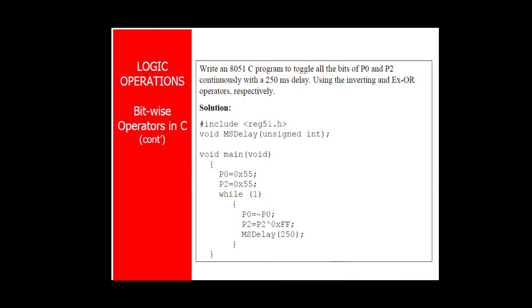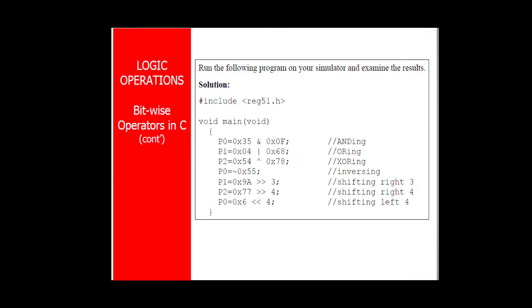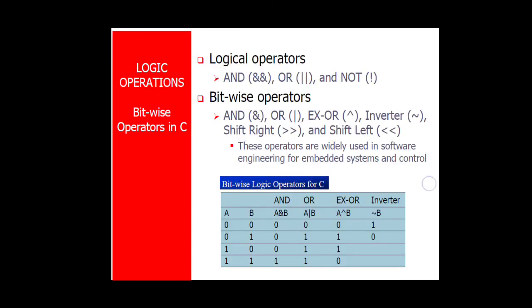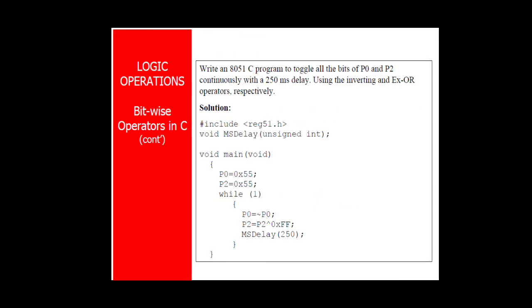Here initially P0 equal to 55H and P2 is also 55H. We have to toggle these two ports using the inverting. So P0 is equal to negation of P0 and P2 is equal to P2 XOR FF.